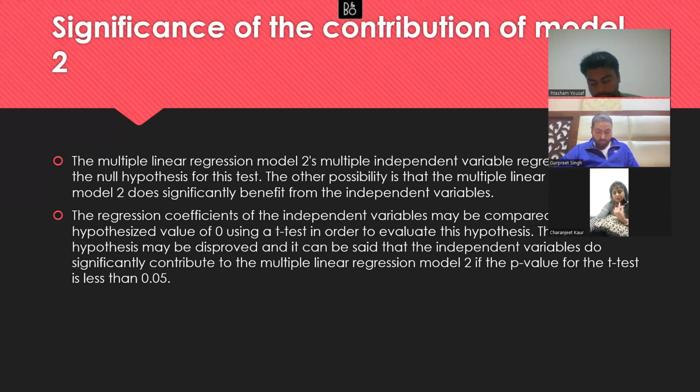The regression coefficients of the independent variables may be compared to the hypothesis value of 0 using the test in order to evaluate the hypothesis. In this case, the null hypothesis may be rejected and it can be said that the independent variables contribute to the multiple linear regression if the p-value of the test is less than 0.05.